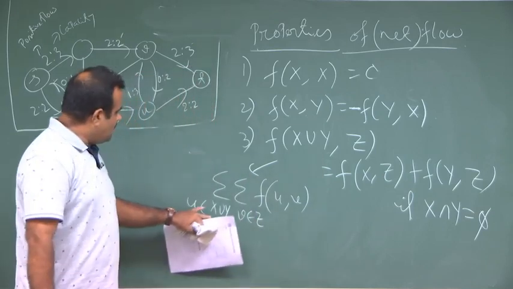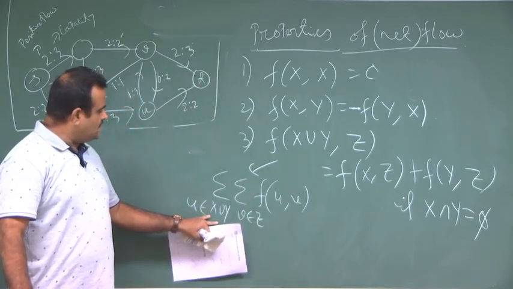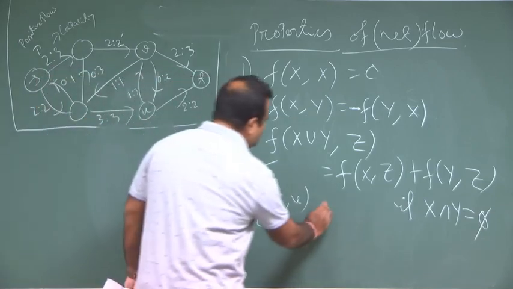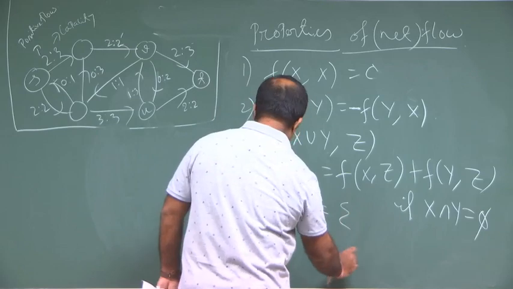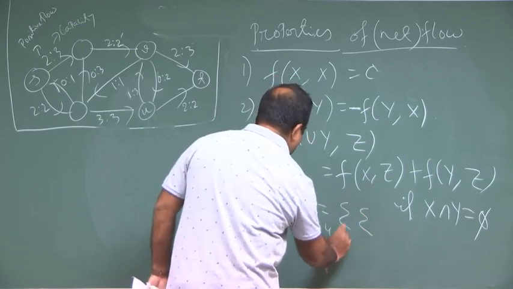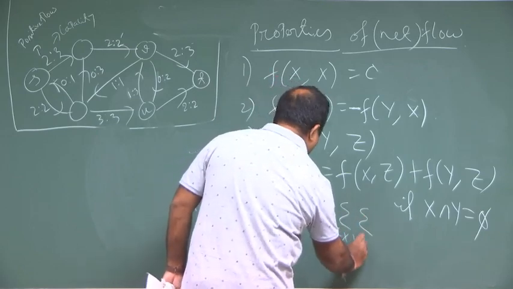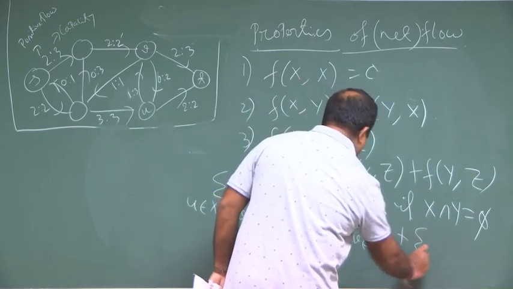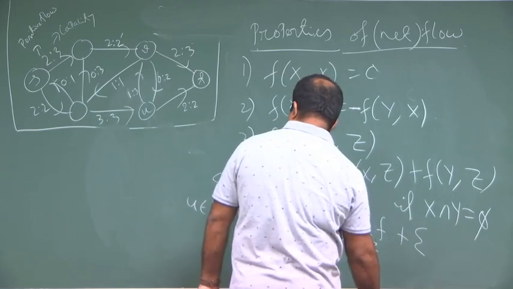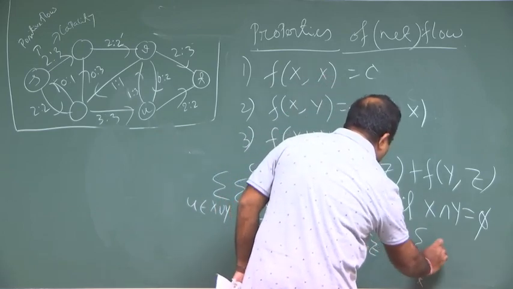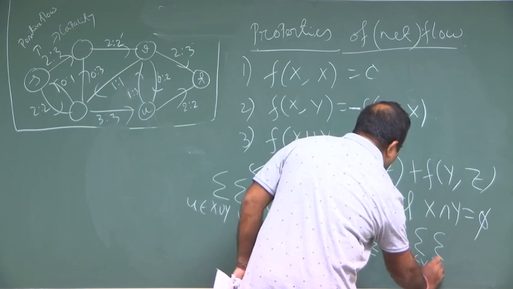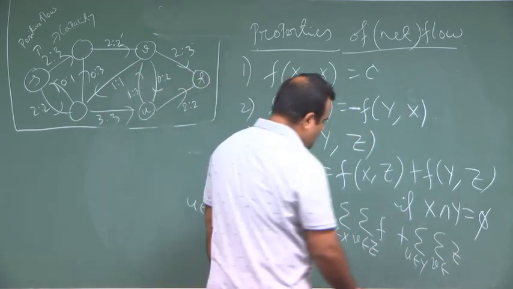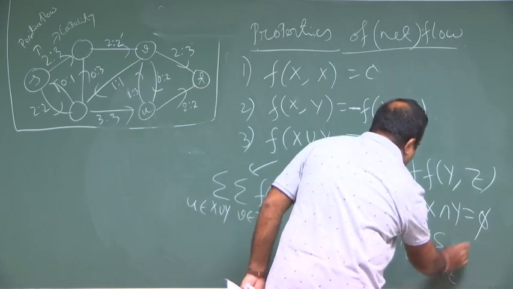Since u belongs to disjoint sets, we can write this sum as the summation over u belongs to x, v belongs to z of f, plus the summation over u belongs to y, v belongs to z of f.